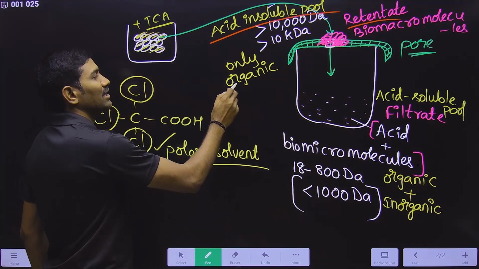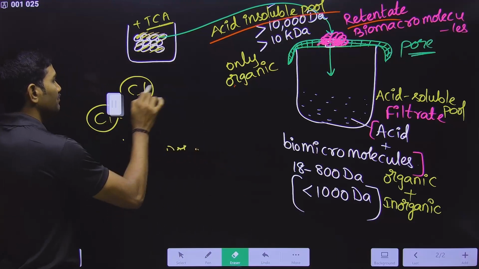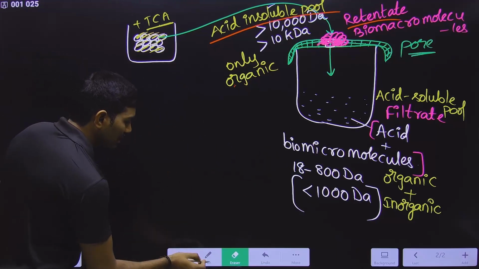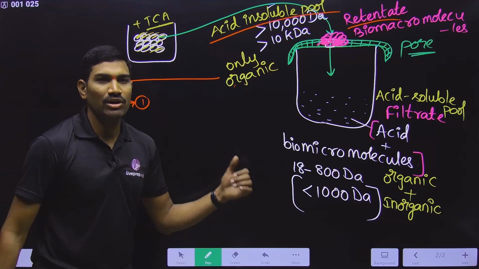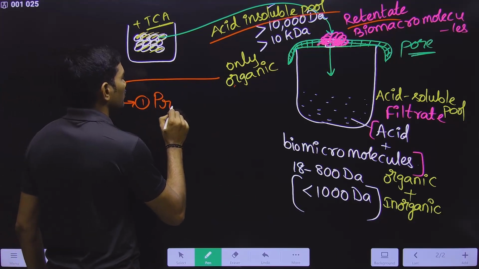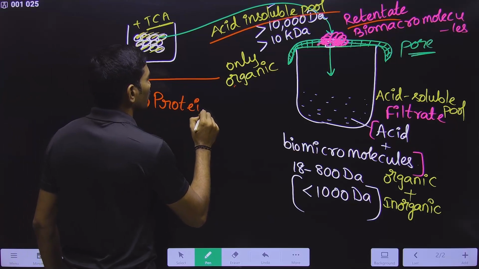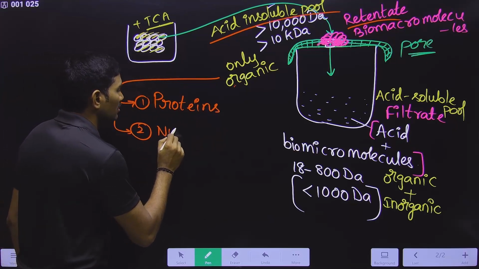Now our major focus is the acid insoluble pool or retentate. What are the organic molecules present in this? There are 4 types of organic molecules. First one is proteins. Next, nucleic acids.